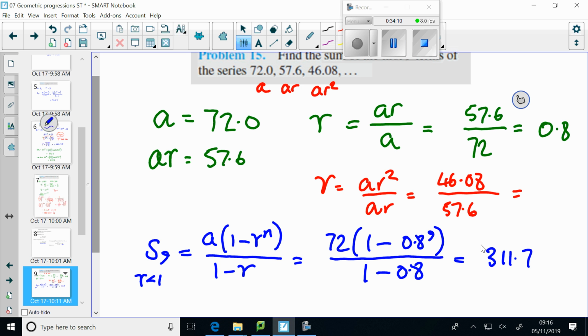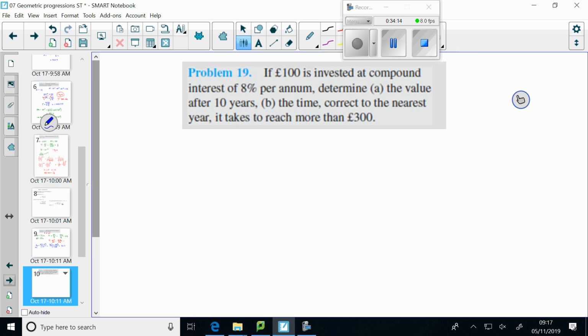Alright? Now, what we're going to do now is have a look at a problem that has a more practical nature. A typical geometric progression is what they call compound interest. You put money in the bank and that geometrically gets bigger because you get interest on the interest.